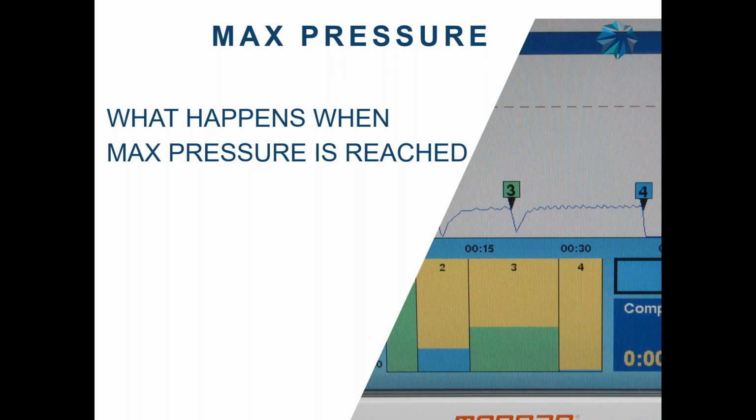What determines the motor speed? What determines motor speed, which determines pressure? Flow rate. So you get pressure limiting. What's pressure limiting? The reduction of flow rate to maintain a pressure below the set max pressure.